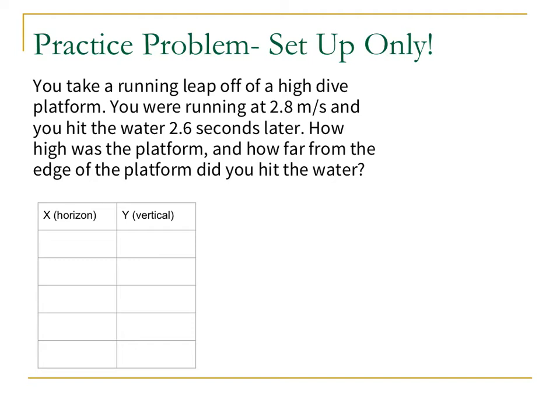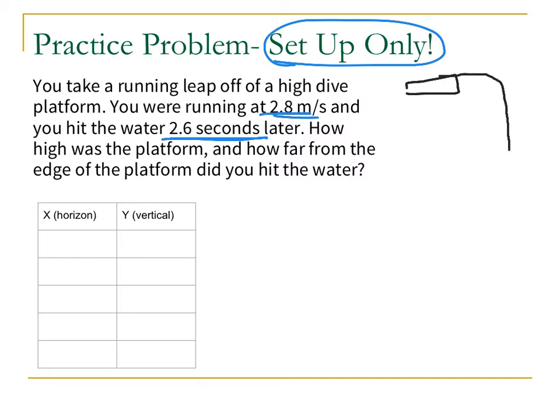Okay, let's do our first practice problem. We are only going to set it up. We're only going to figure out our answers in the x and the y direction. So you were taking a running leap off a high dive platform. You were running at 8 meters per second and you hit the water 2.6 seconds later. So I have my high dive here. I am walking off and going down.